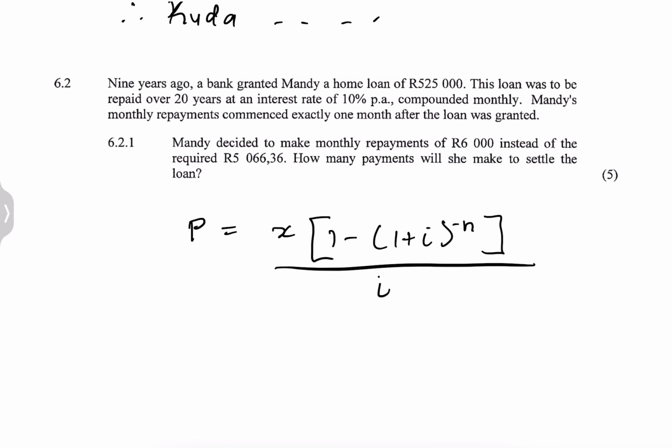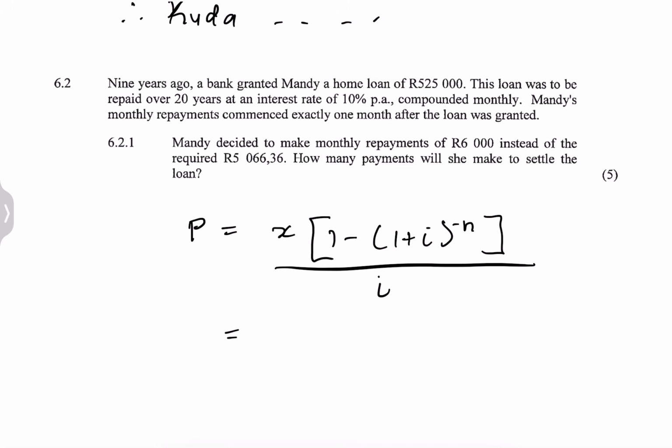Of course, you are given these formulae. You must know which formula you're supposed to go for. When we're dealing with loans, it is always advisable to use the present value formula.